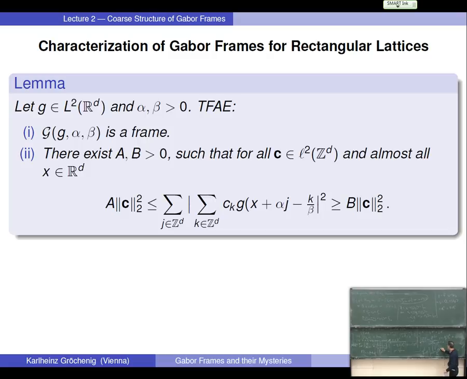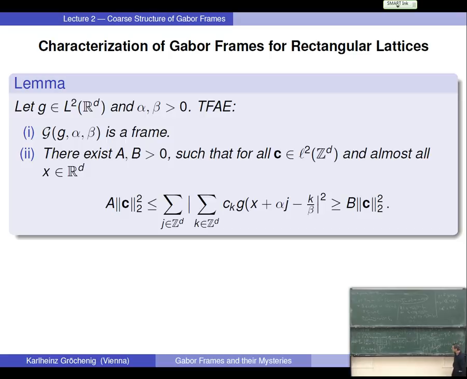So I have mu_k of t, and here I shift by alpha j, with j in Z^d, k in Z^d. So let's see, minus k over beta squared dt. So this is the same.